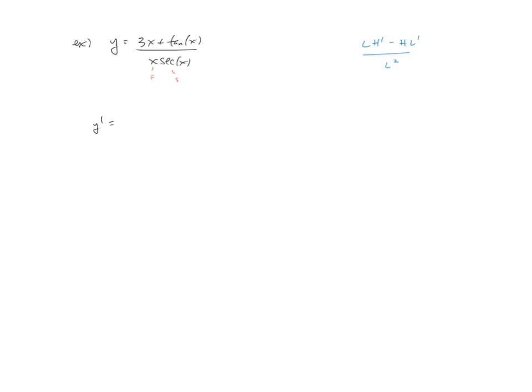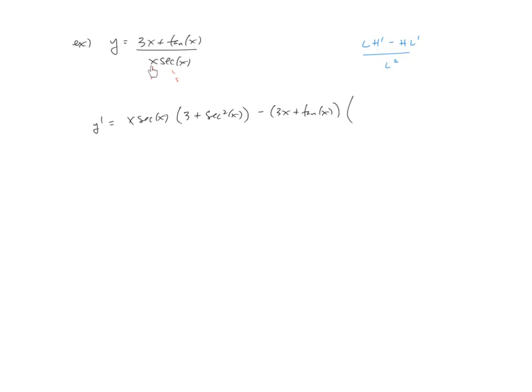So we've got our low derivative high. So the derivative of 3x would be 3. The derivative of tangent would be secant squared minus the high times the derivative of the low. So for the derivative of the low, now that's going to be itself a product rule.